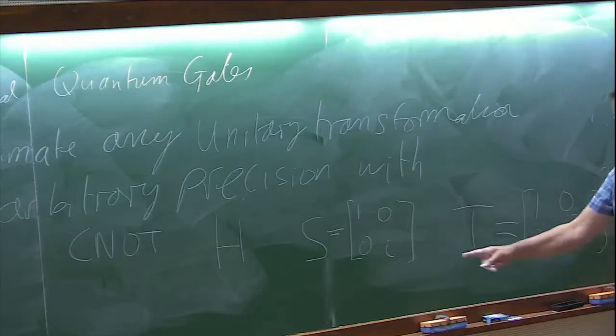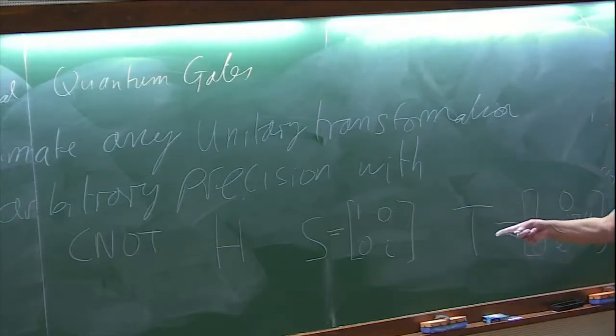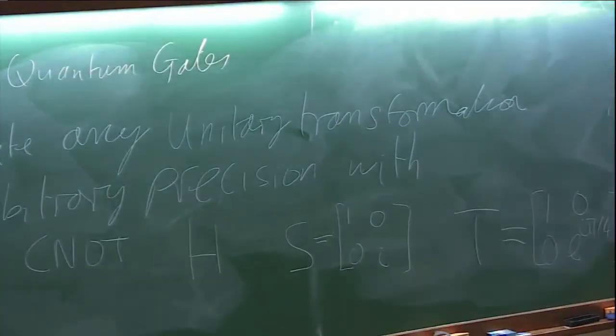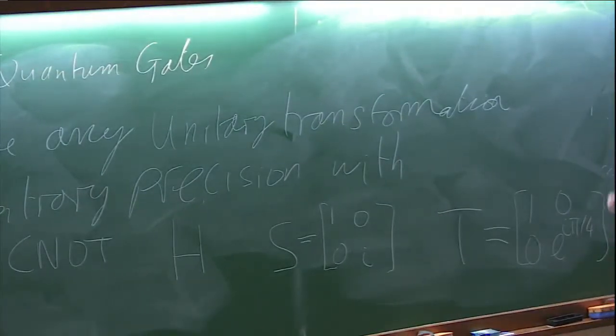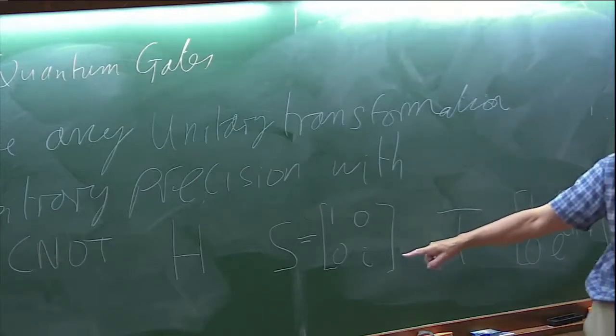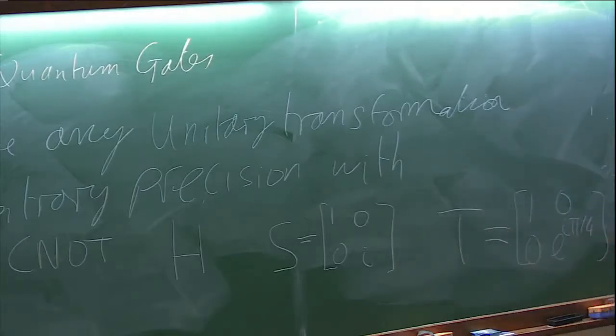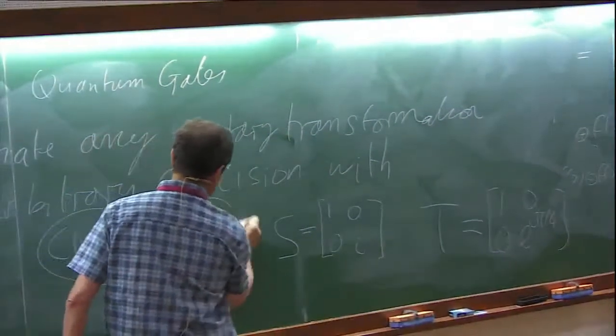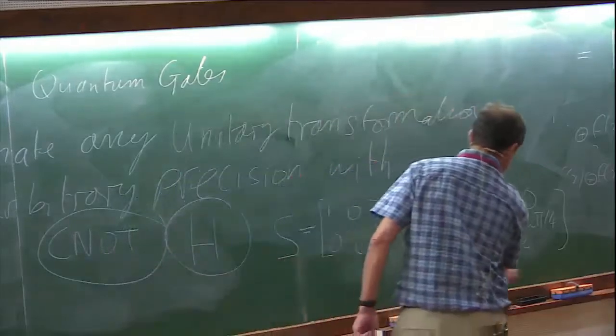You will see that S is just T squared, so it's sort of redundant to include S, but it's a convenient gate to have. And the Z operator is, of course, just S squared. So we don't need much. We need CNOT and H, and really just this one.